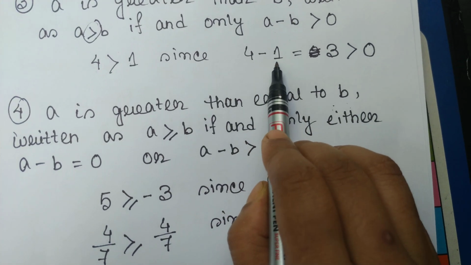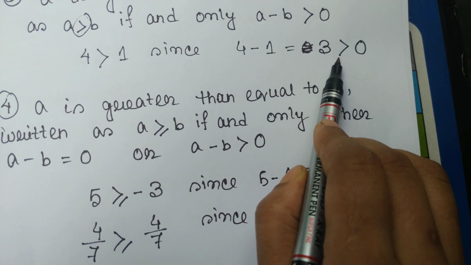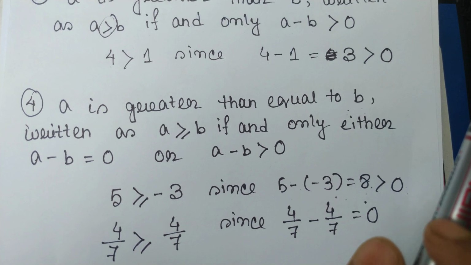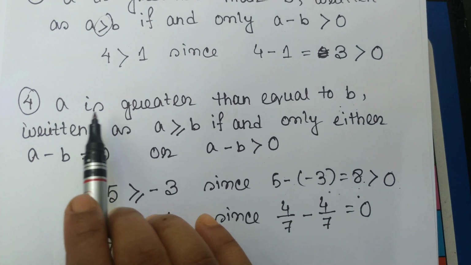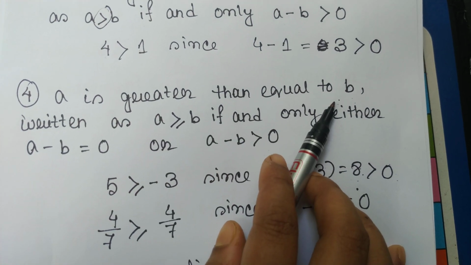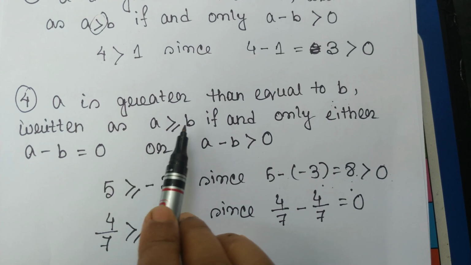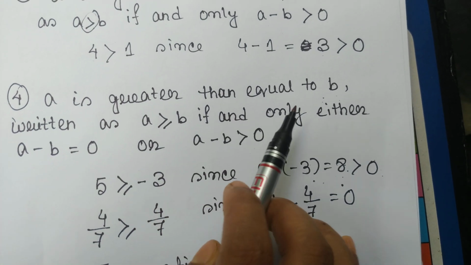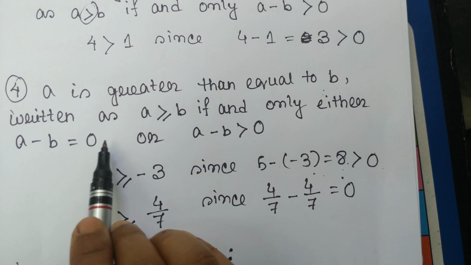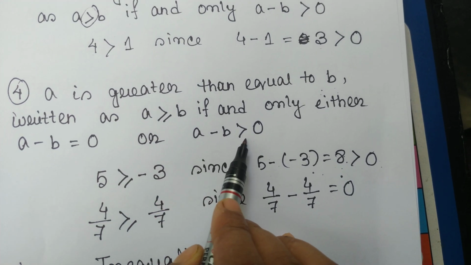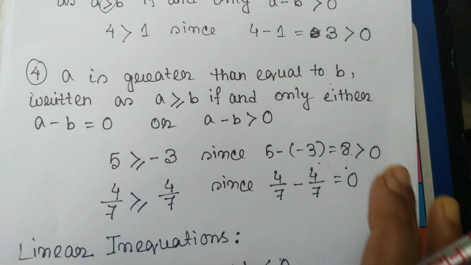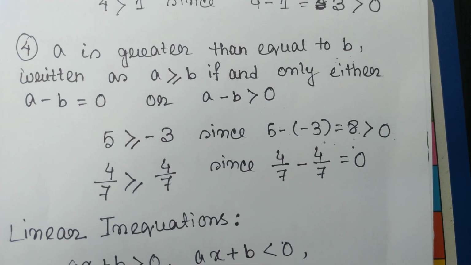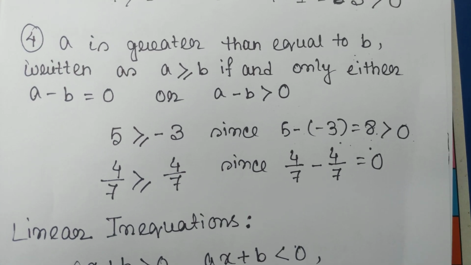Because 4 minus 1 equals 3, which is greater than 0. Now when I say a is greater than or equal to b, written as a greater than or equal to b, if and only if either a minus b equals 0 or a minus b is greater than 0. You just see the example, okay? When we solve the sums, it will be very clear to you.